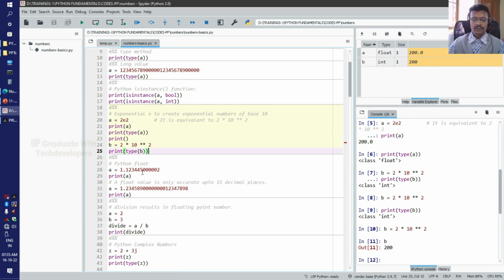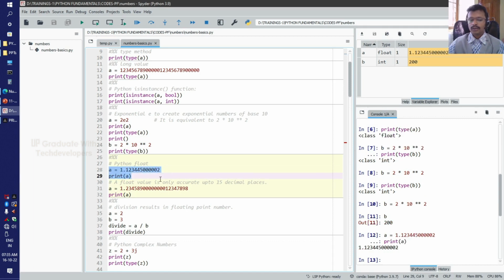We all know that Python supports floating point real values. So here I have entered an arbitrary floating point value for the variable a. This floating point value is only accurate up to 15 decimal places.